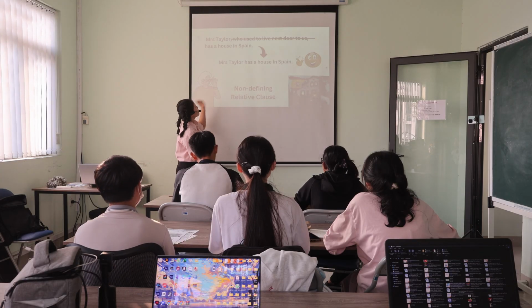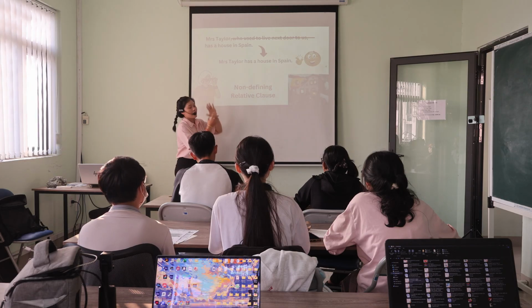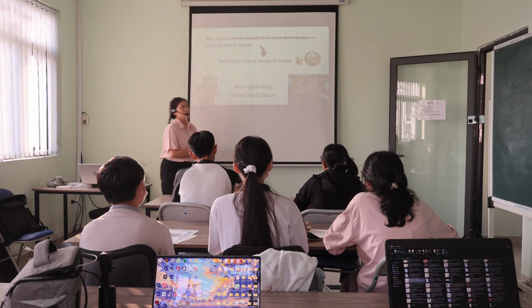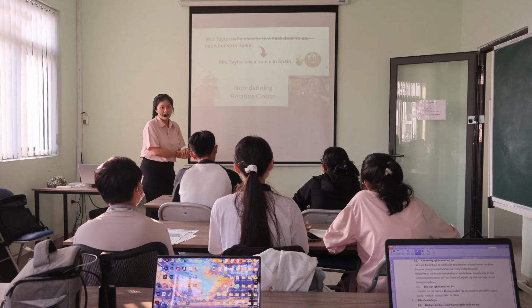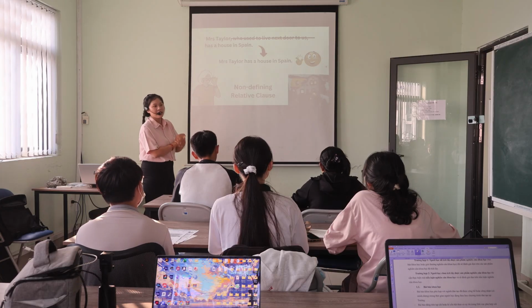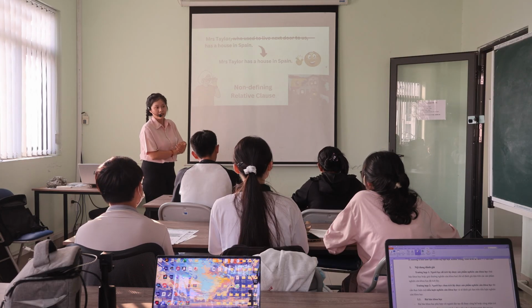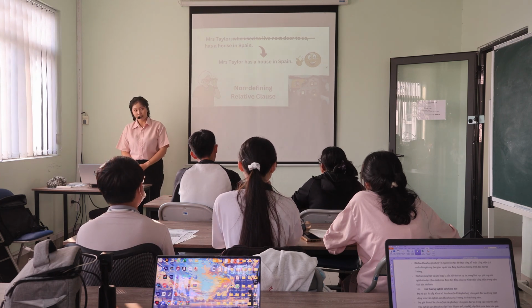And the speaker wants the listener to know more: Mrs. Taylor has a house in Spain, and she wants to add that Mrs. Taylor lives next door. If we remove the phrase, it still makes sense. This kind we call a non-defining relative clause.